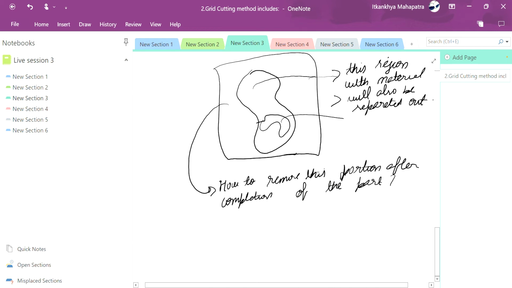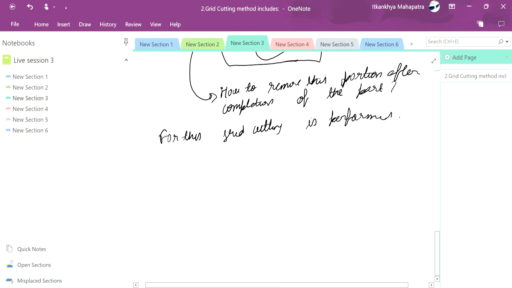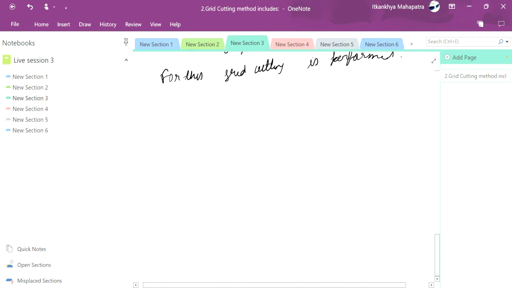For this, grid cutting is performed. And what is grid cutting?